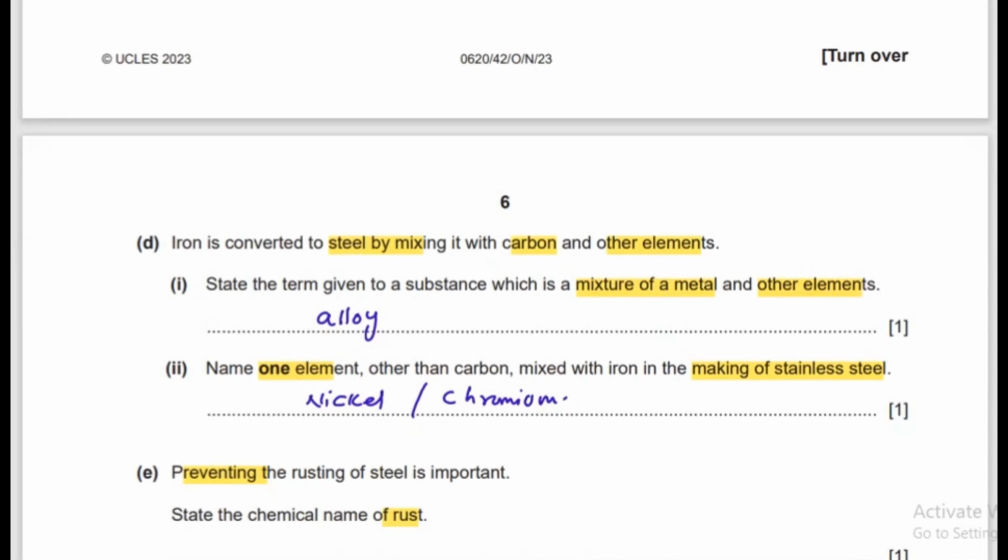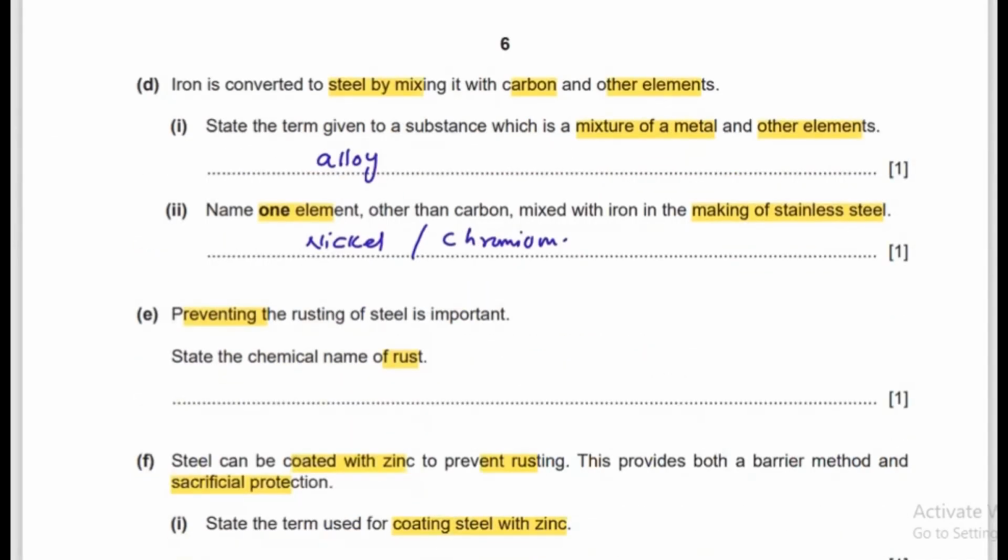Preventing the rusting of steel is important. State the chemical name of rust. Rust is hydrated iron 3 oxide. This is iron 3 oxide, and hydrated means H2O. It may be xH2O, like 2H2O or 3H2O.